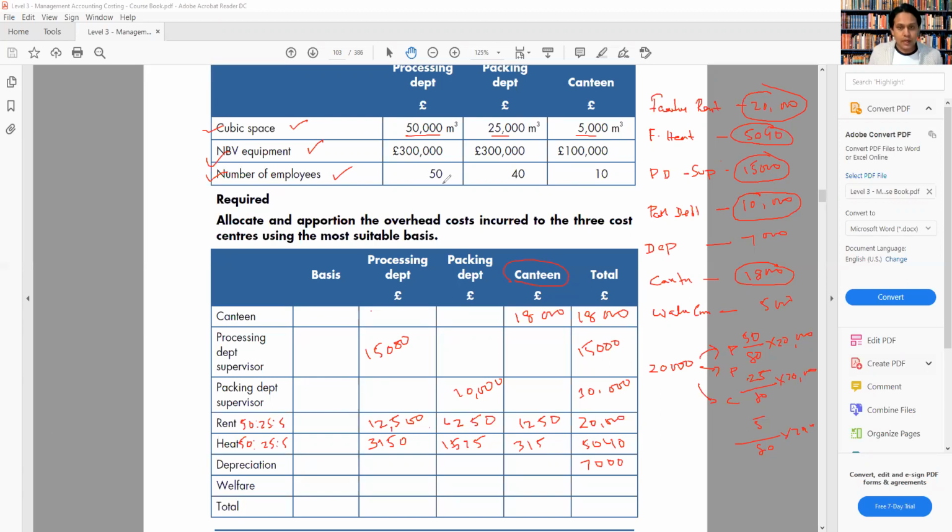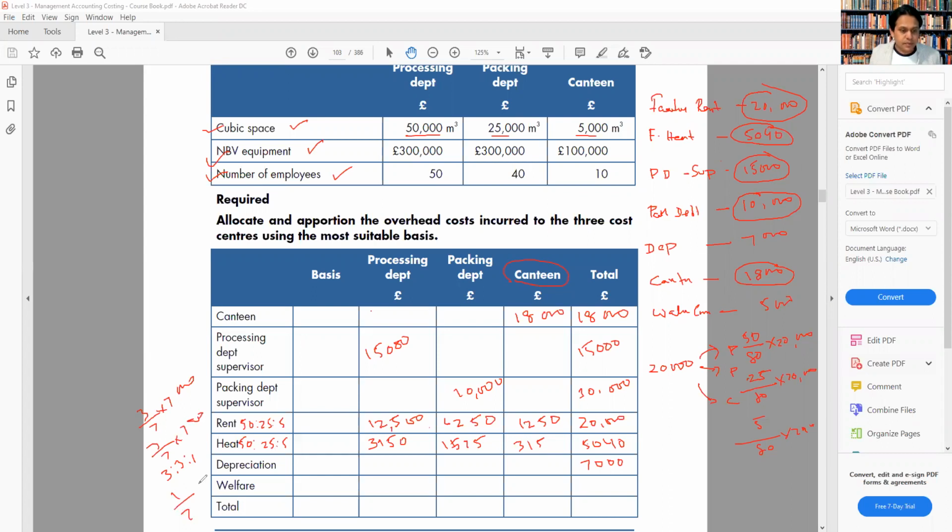So that will be our 3, 3, 1. This will be 331. So this 7,000, we can say 3 plus 3 plus 1, that is 7. So we said 3 over 7 times 7,000, then again 3 over 7 times 7,000, and 1 over 7.